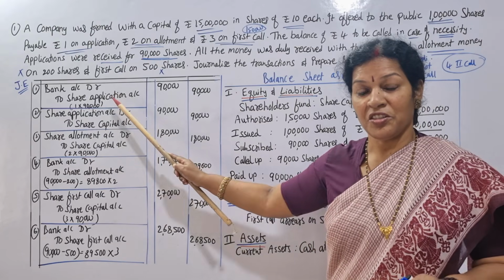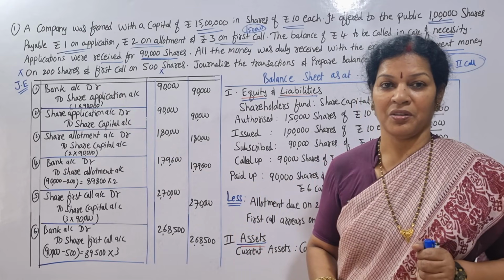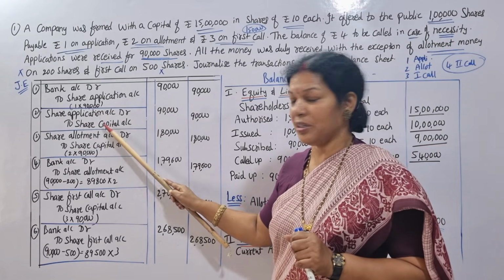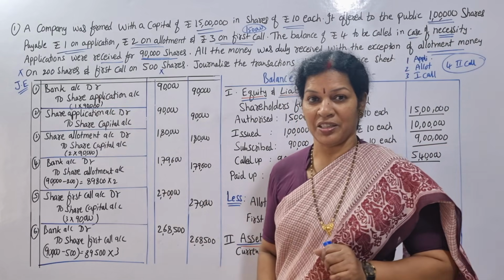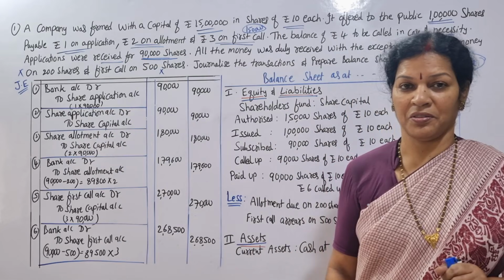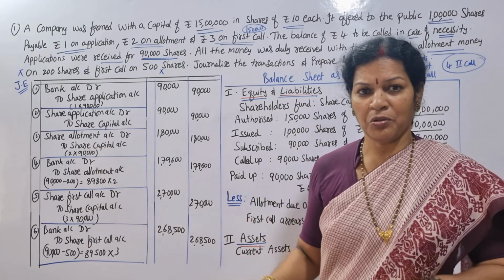So the first entry is bank account debited to share application account. The second entry: the share application amount we have to transfer to the share capital account. For transferring to share capital account, the share application account, from the credit side to the debit side, you are writing: share application account debited to share capital account. 90,000 we have received.